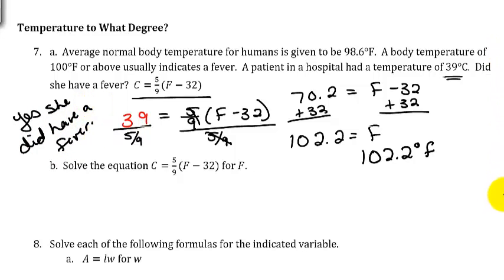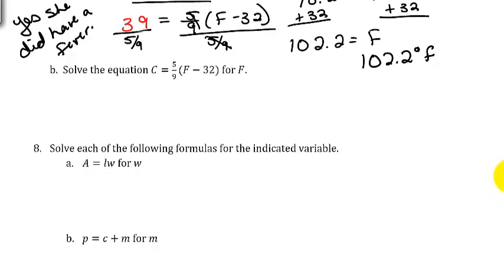Now we want to take that equation to convert from Fahrenheit to Celsius, and we want to solve it for F. So we're going to do the same thing that we did in the last problem. We're going to divide both sides by 5/9. When you divide by a fraction, you really multiply by its reciprocal.